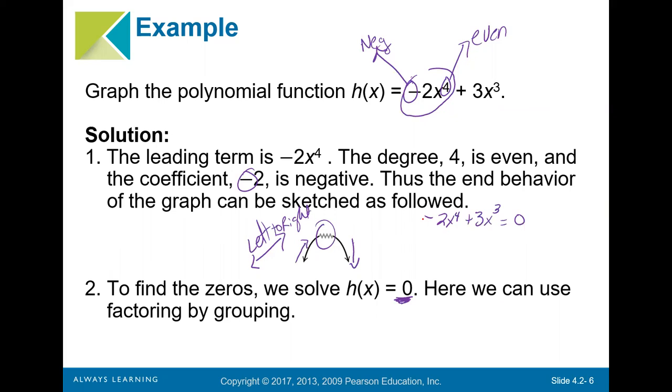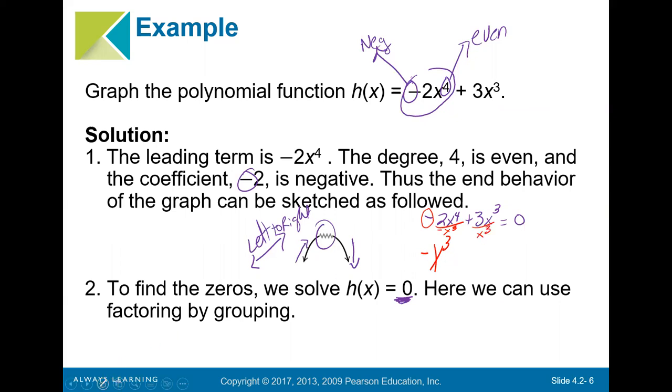Any time your leading coefficient is negative, bring the negative out. So it's negative 1 times whatever else we factor out. I have x to the fourth and x cubed, so the most I can pull out is x cubed. When I do that, I'm dividing by that negative x cubed.